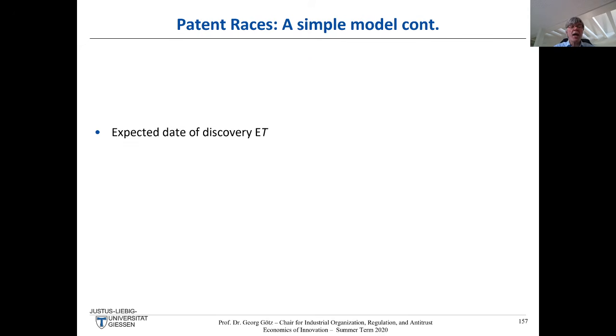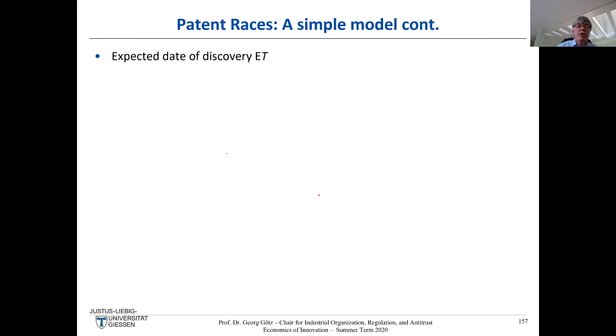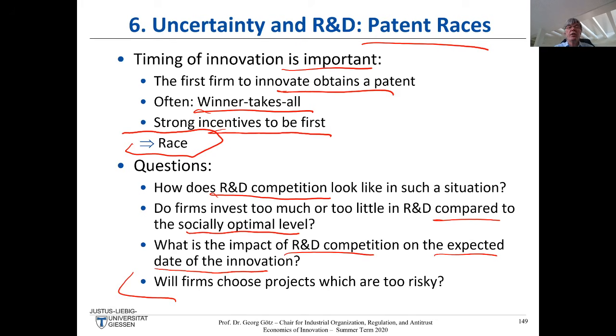Okay. And now the next question. Remember in the very beginning we had this question. Let me jump back to the questions we started with: what is the impact of R&D competition on the expected date of the innovation?